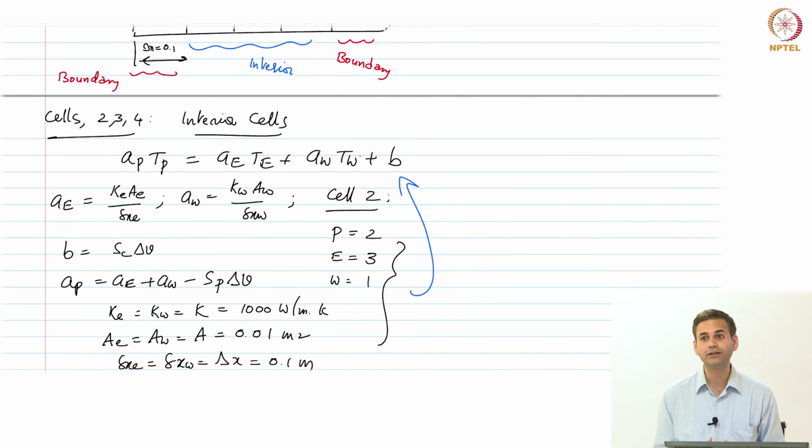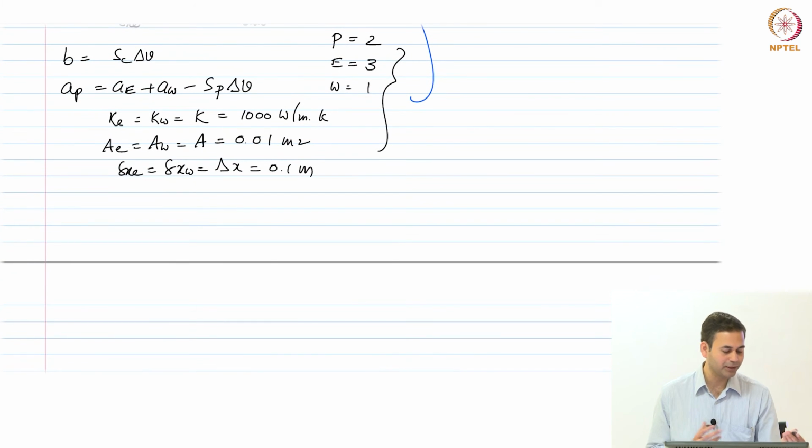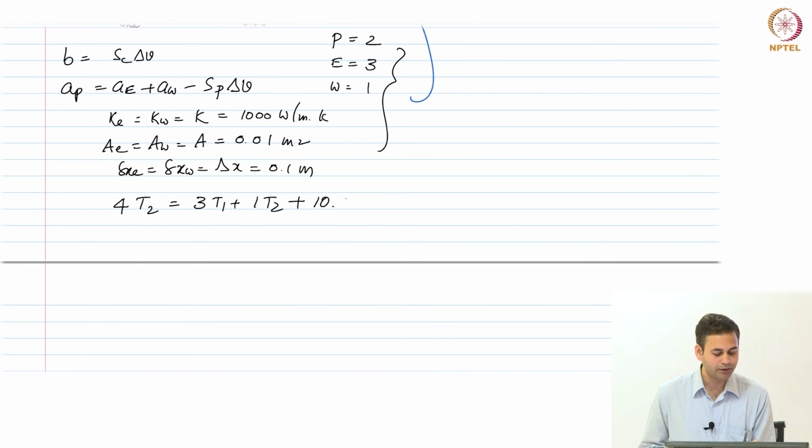Okay, what about B? Would B change from cell to cell? For 2, 3, 4 it would not change because SC is constant, SC times delta V is the same, right? So you will get 3 equations, which would look something like, maybe the coefficients are completely wrong, but I would like to write it as 4T2 equals 3T1 plus 1T2 plus 10.5, okay.